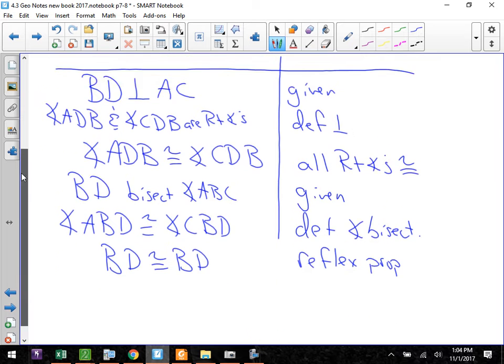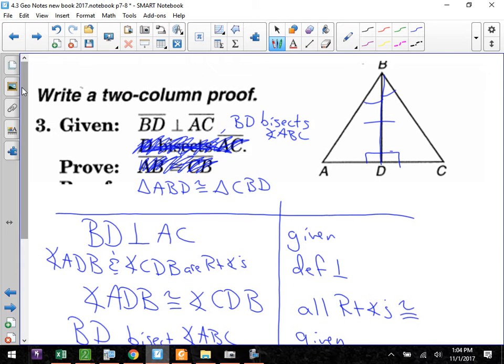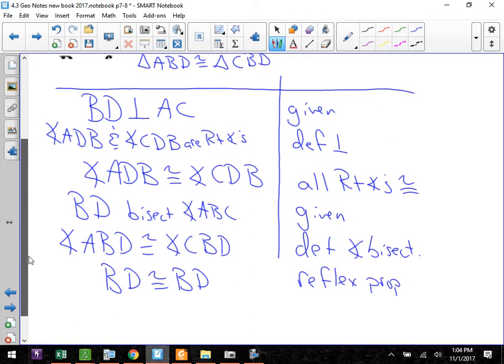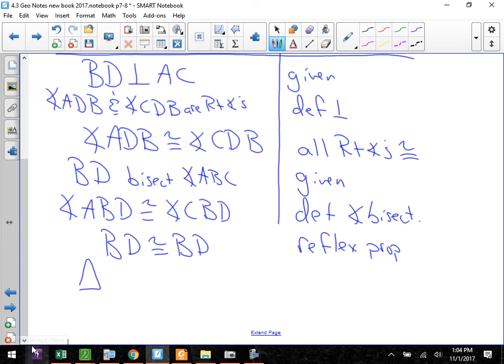Now, if you look at it, how are the two triangles congruent? Side angle. ABD, CBD. You can't.